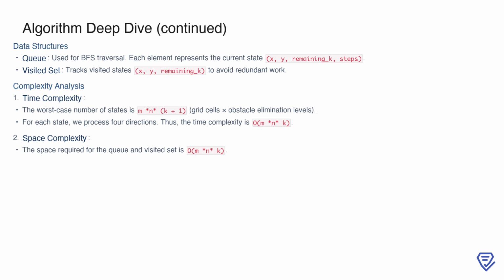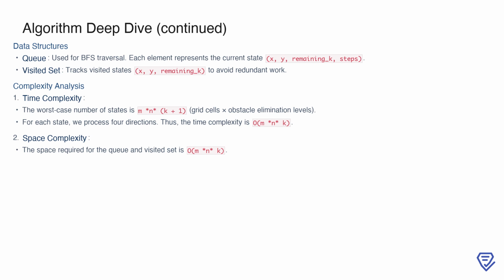For complexity analysis, the time complexity is determined by the total number of possible states. In the worst case, there are m*n*(k+1) states, where m and n are the grid dimensions and k is the obstacle elimination limit. For each state, we process up to 4 directions, resulting in a time complexity of O(m*n*k).